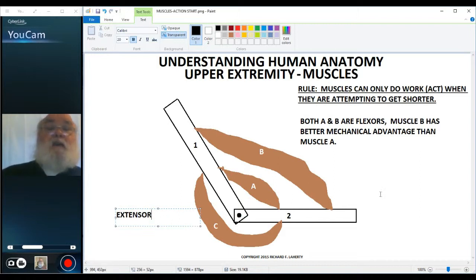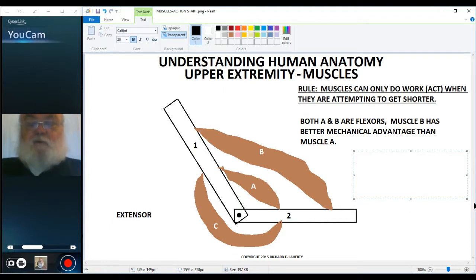Now, we can say a couple more things. We can say that muscle A and muscle B act synergistically.